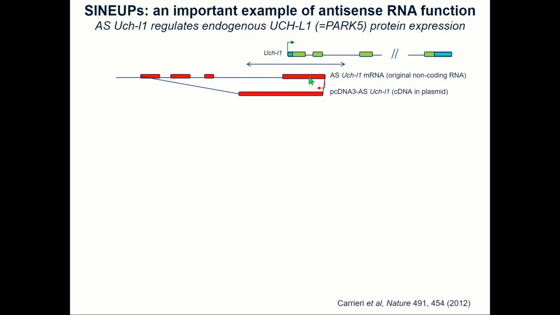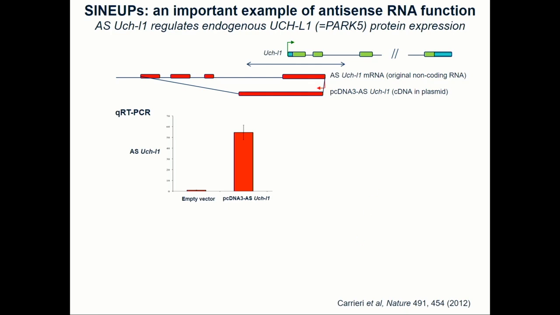And we found this antisense of UCHL1 that is a non-coding RNA overlapping the initiation site. So we started to do some experiments, and the most obvious experiment, in collaboration with the group of Stefano Gustincich at SISSA and now at IIT in Italy, was to overexpress the antisense in cells that do not express the antisense RNA, and we wanted to see if we could see some effect on the sense level.